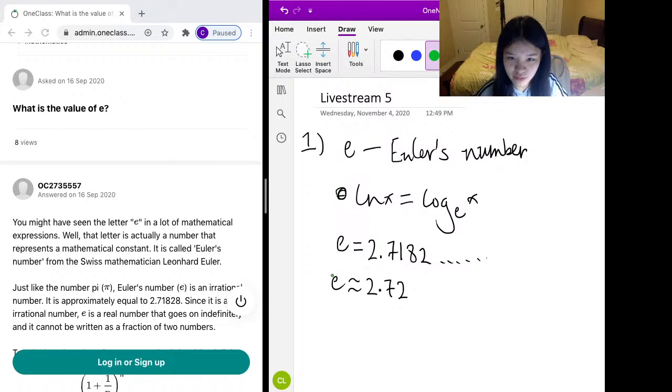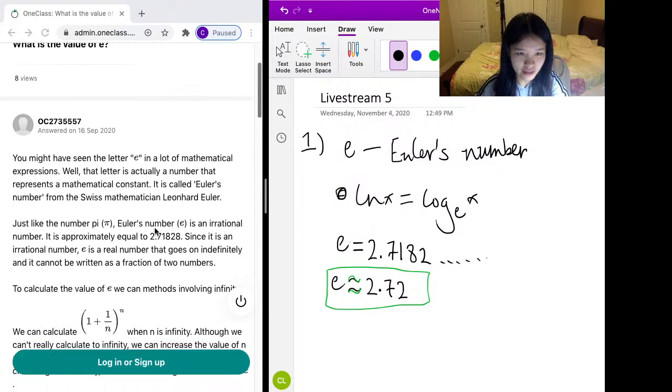You might notice the equal sign is curly here. That means approximately equal to, versus the plain equal sign, which means that the number e is exactly equal to this number. So that's the number e, Euler's number.